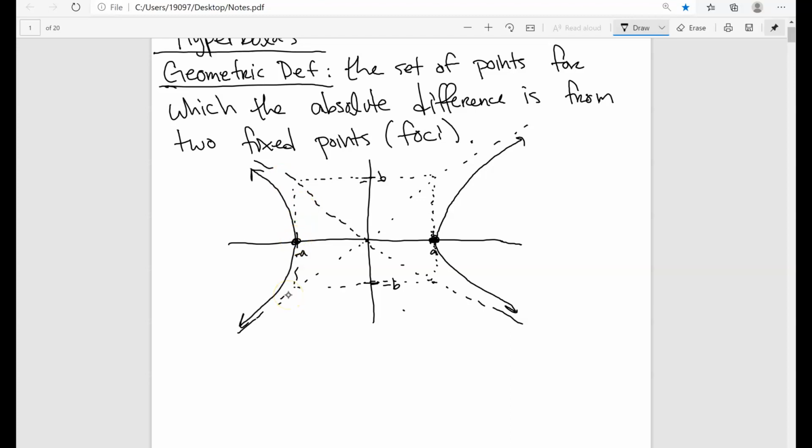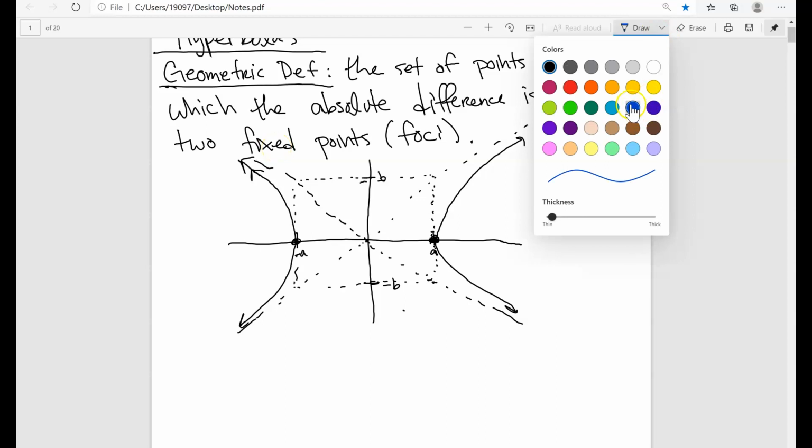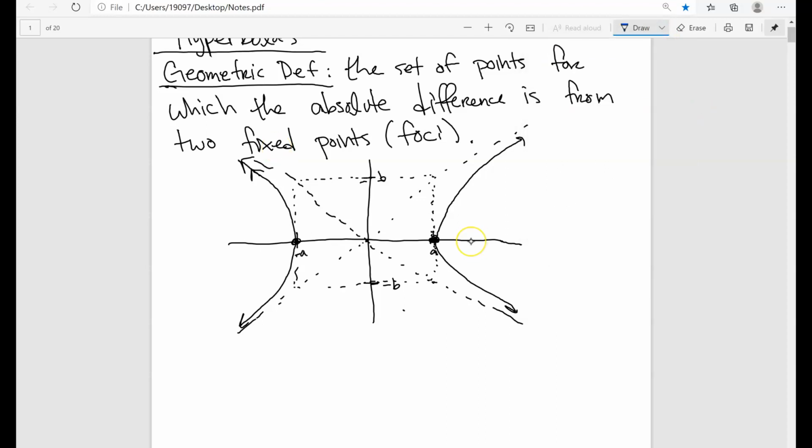So there's a couple of features that we have. We have asymptotes. We also have the transverse axis. We also have foci. So that means that instead, the foci are actually going to be on the outsides. Okay, so this is like our C, our negative C and our C. So that means for any point on the hyperbola, the difference of the distances from one focus to the other is going to be constant no matter what we choose.